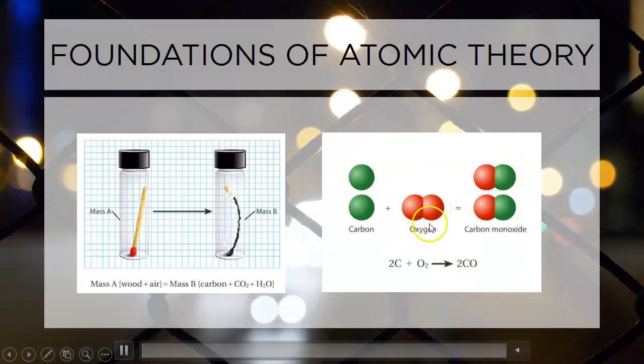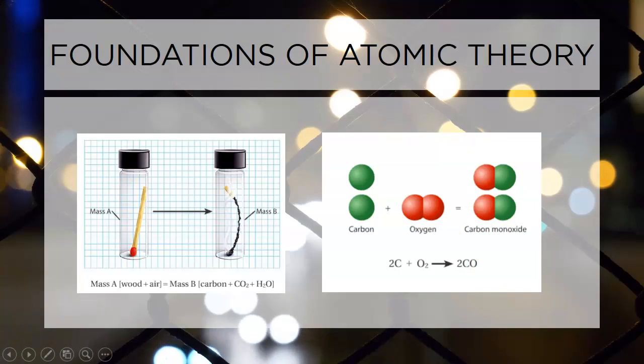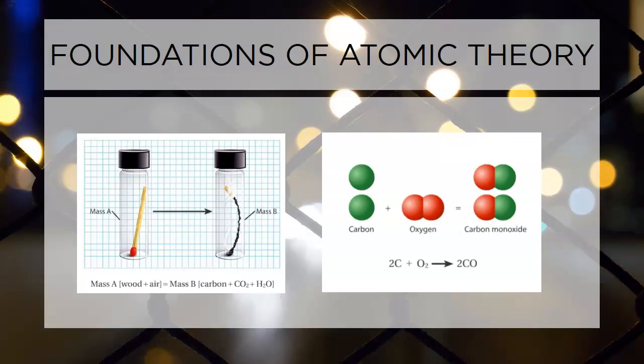And I have 2 oxygen atoms on the left and 2 oxygens on the right. You didn't lose or gain carbon, and you didn't lose or gain oxygen, but all those atoms got rearranged into a new form. So the key with the law of conservation of mass is that the number of atoms, or the mass, is the same on both sides of the equation.